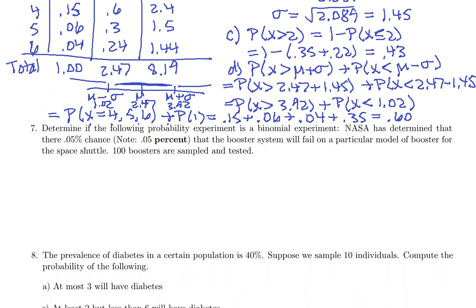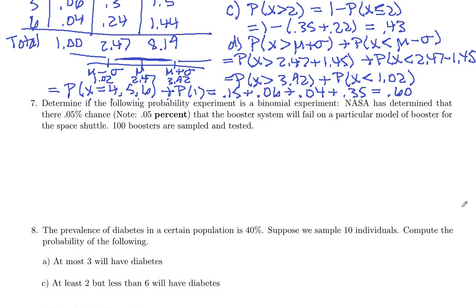Number 7, determine if the experiment is binomial. So NASA's determined there's a 0.05 chance, 0.05% chance that the booster system fails on a particular model. 100 boosters are sampled and tested. So number 1, we've got a fixed number of trials. Yes.